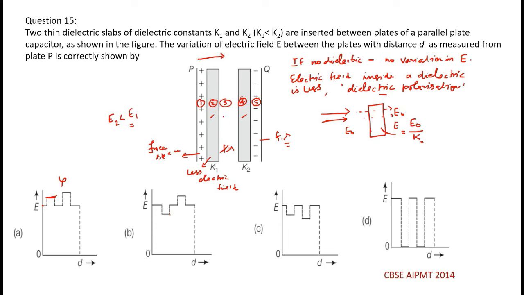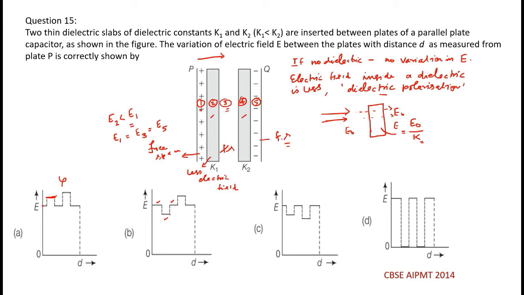But field in region 1 will be the same as field in region 3 because they are free space regions. E1 is also equal to E3 is also equal to E5, because they are all free space regions. Here it is coming equal, no problem, corresponding to E3. So E3 and E1 equal.